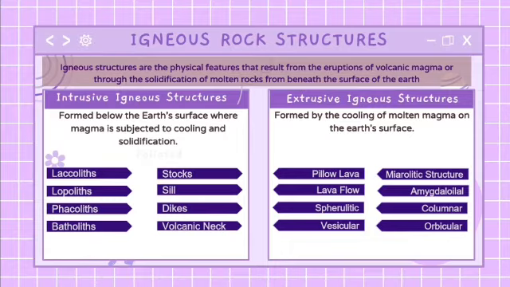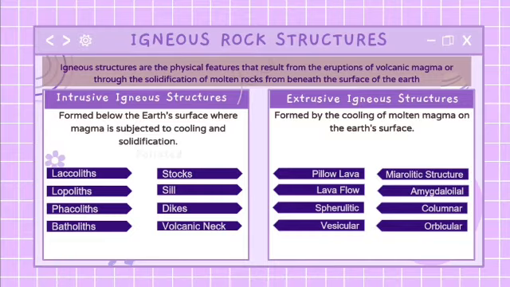So, under intrusive igneous structures, they are formed below the earth's surface where magma is subjected to cooling and solidification. There are 8 types of structure, namely laccoliths, lopoliths, phacoliths, batholiths, stocks, sills, dikes, and volcanic neck. Echanes discussed these last Tuesday.